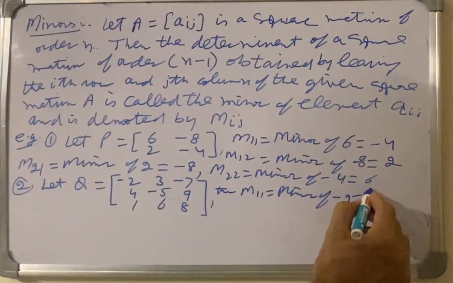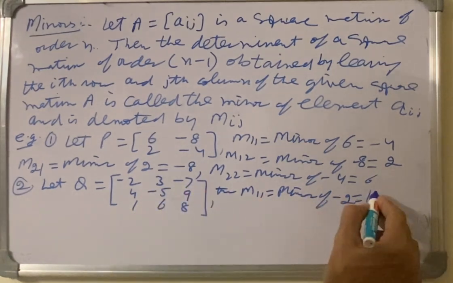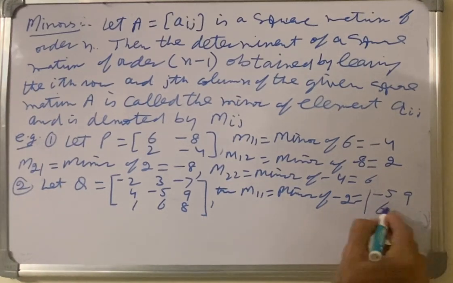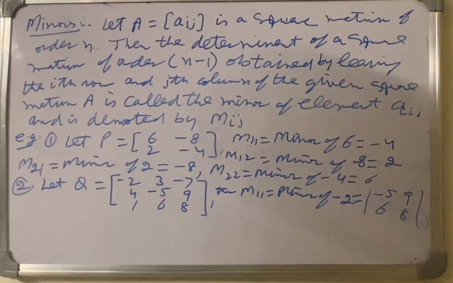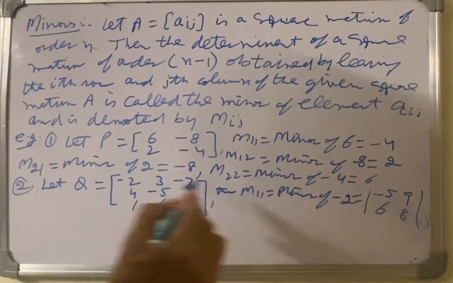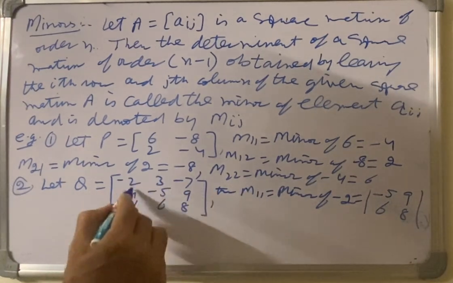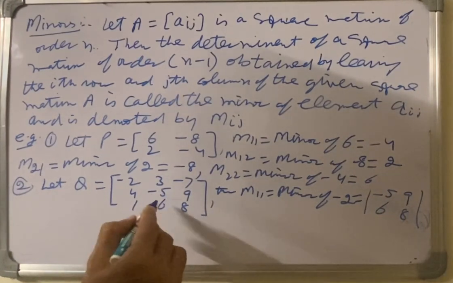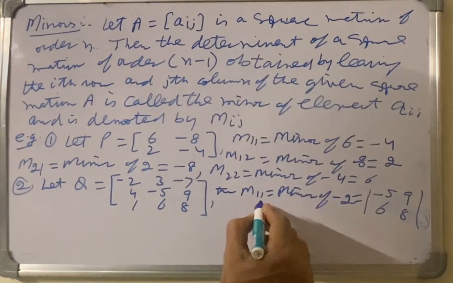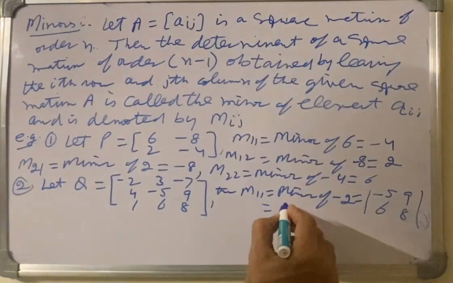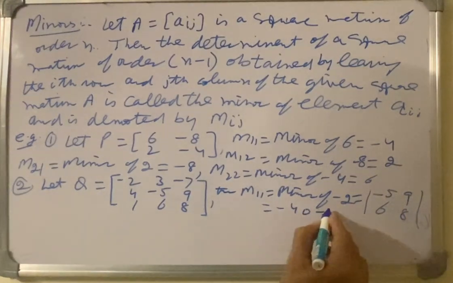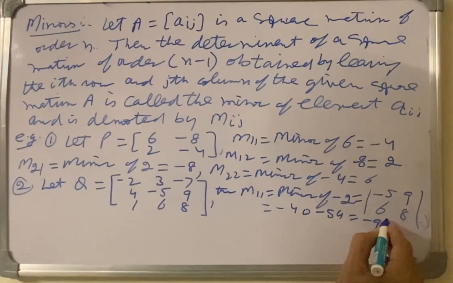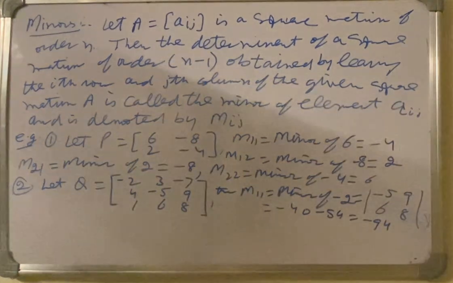We are left with the determinant [minus 5, 9; 6, 8], which is equal to minus 40 minus 54, which is minus 94.